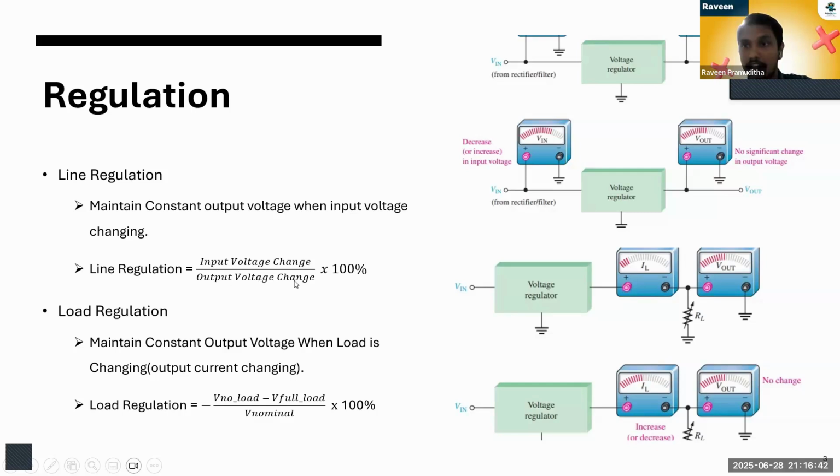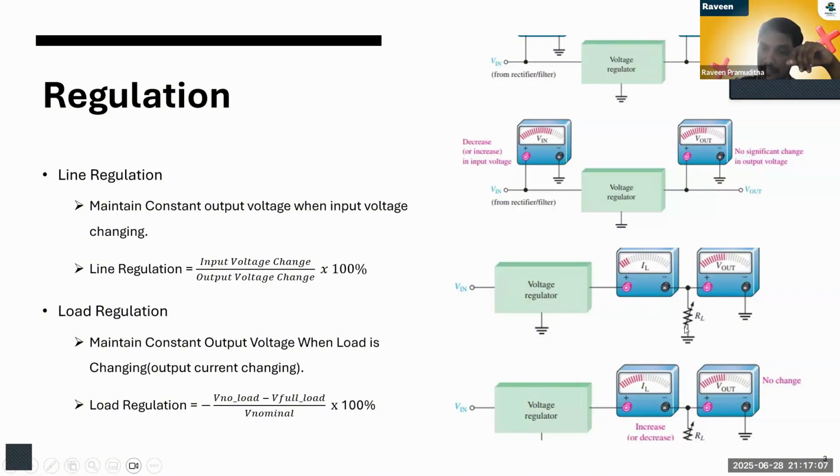The second concept is load regulation. Load regulation means we need to maintain a constant output voltage when the load is changing. When the load is changing, the output current is changing. Here you can see a variable resistor connected, along with an ammeter and a voltmeter.